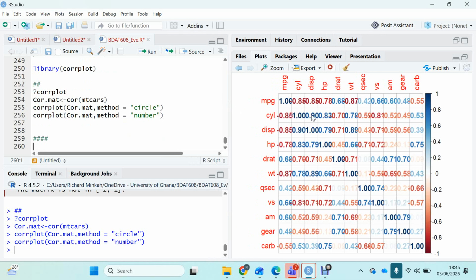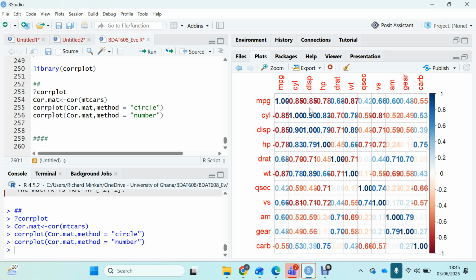Okay. Any questions? So you can explore some of these things, but essentially, where do we want to get to? Well, it means that when we are doing our regression, one way to go about this is that we start with, let's say, displacement at around 0.85. And then what else did you say?